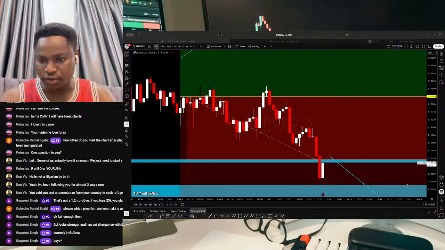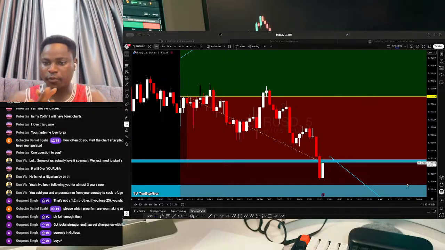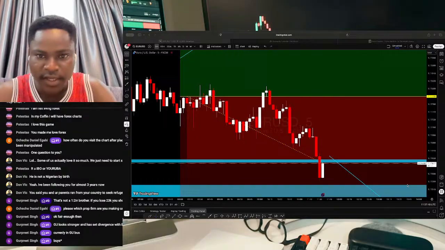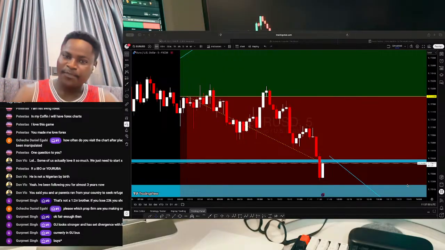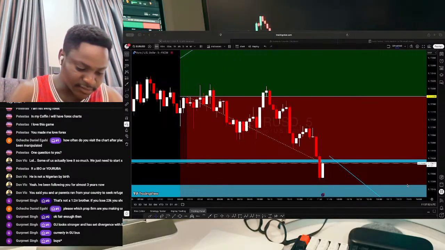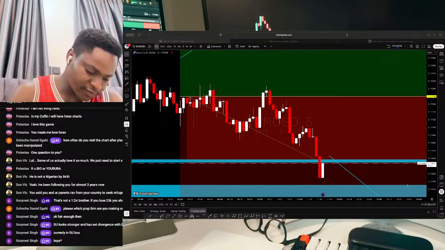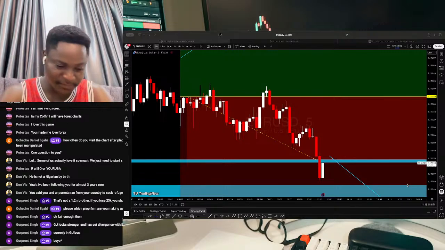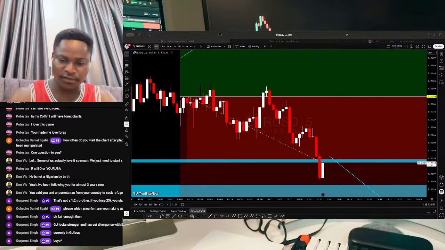GU looks stronger and has a divergence with EU currently. GU and EU are positively correlated. That's why if GU is buying, I'm not selling Euro USD. GU is going to continue to buy right now. One thing with me is that I can be in a drawdown for days.